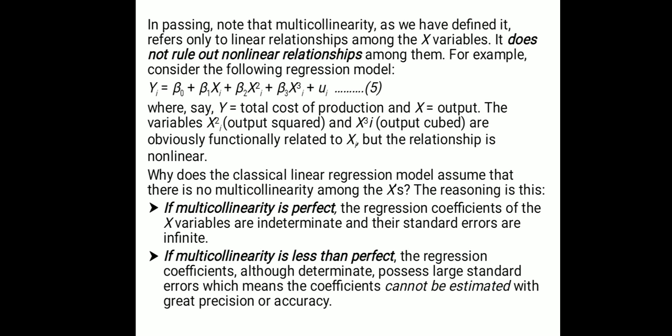So what is the reason for there being no collinearity in the classical linear regression model? This may be asked in an MCQ. The reason is this: if multicollinearity is perfect, then the regression coefficients of the x variables are indeterminate, and their standard errors are very high or infinite.